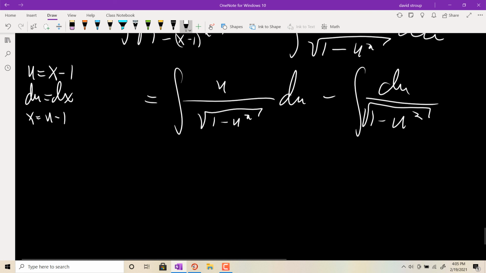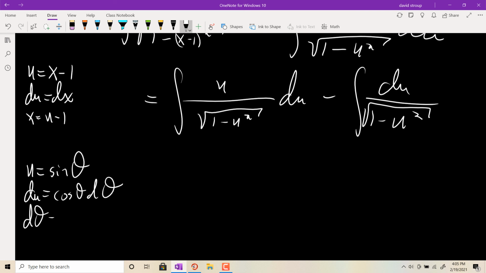So that first one is kind of a troublemaker, so we need to let our u equal sine of theta, and then du will be cosine theta d theta. I just need to get my triangle stuff. So du is equal to that.